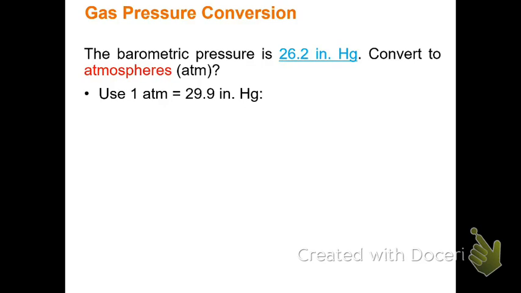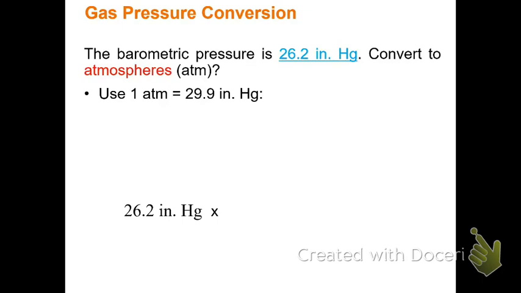Okay, let's look at an example on how to convert one unit of pressure to another. Let's say that we have 26.2 inches of mercury. How do you convert that to atmospheres, ATM? We know that 1 atmosphere is equivalent to 29.9 inches of mercury. The first thing you want to do is write down what's given. We're given 26.2 inches of mercury. Now you can use dimensional analysis to solve this problem.